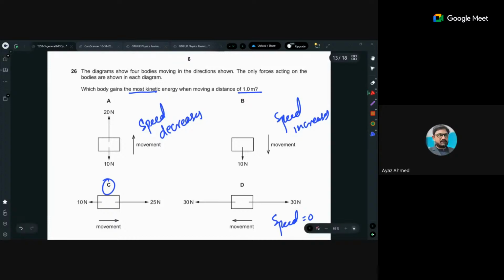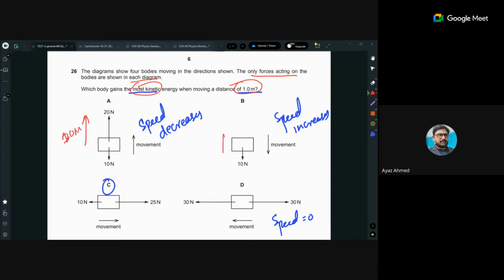Okay. It says the diagram shows which body gains the most kinetic energy when moving at a distance of 1 meter, and only the forces acting on the bodies are shown in the figure. There is no other force, no resistance, nothing. So if this is moving by 10, this is moving by 20, it means the resultant force is 10 Newton, right?